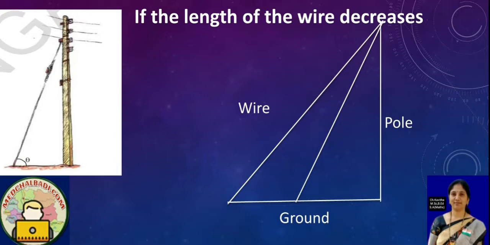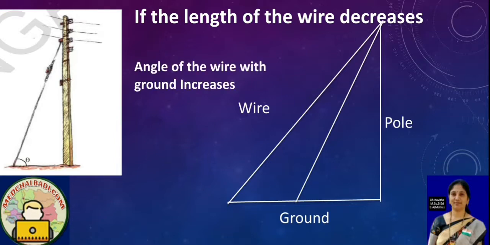Okay, in this case, what is the change? If the length of the wire decreases, what will be the shape of the triangle and what will be the angle of the wire with the ground? Let's check. The angle of the wire with the ground increases. How? Just see.